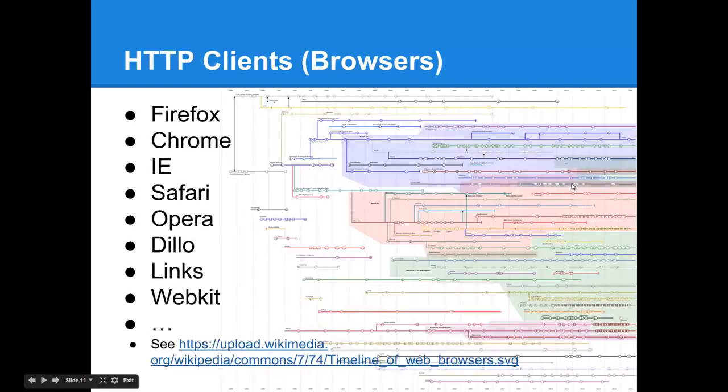And there are scores of various HTTP browsers out there in terms of options for users, ranging from the big 3 or 4: Firefox, Chrome, Internet Explorer, Safari, or Opera, Dillo, Lynx, etc. For many Linux systems.